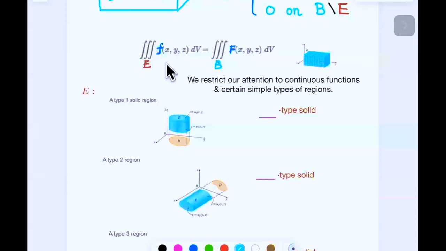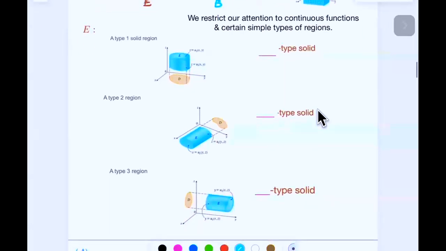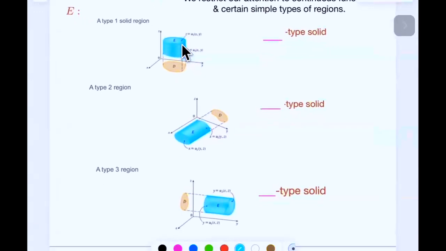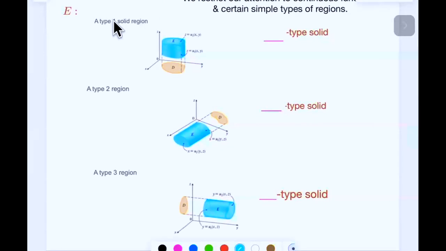The small f function here will only consider continuous functions, for example, polynomial functions, etc. And we only concern ourselves with some simple types of regions, some simple types of solids. Over here I outlined what kind of simple solids I have. The book here calls this a type 1 solid. This is a type 2 solid. This is a type 3 solid.